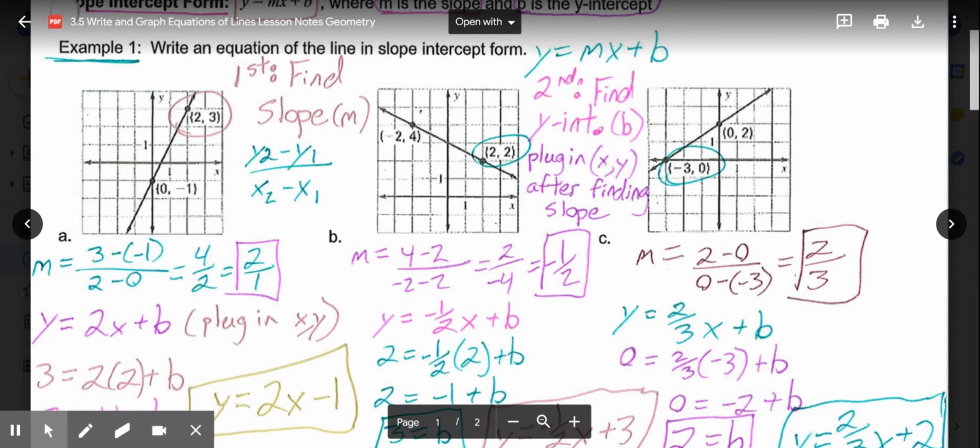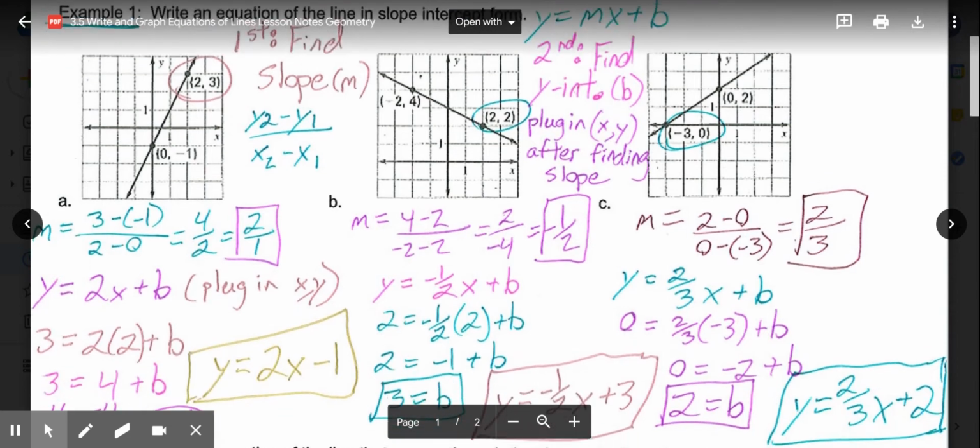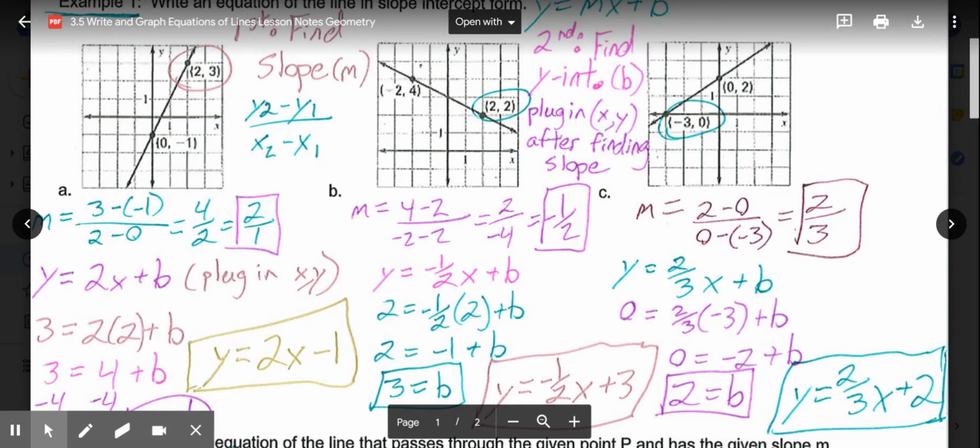Then I need to figure out what is the y-intercept, or the letter b. So I'm going to take one of my two coordinates, either the 2, 3 or 0, negative 1, and we're going to plug those back in once we write the equation with our new slope. So now I have y equals 2x plus b.